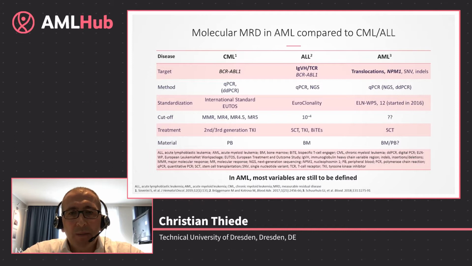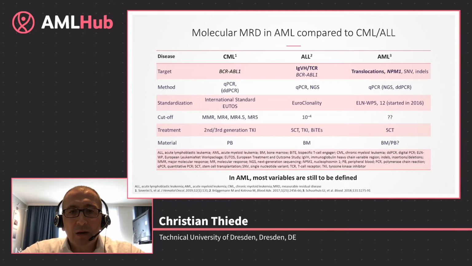We have a plethora of different targets in AML for molecular techniques. We have methods which are still discussed, and I will come to that in a minute. Standardization is lacking. We are on the way to do this, but we are far away from being successful so far. And that also brings up the idea that we don't have well-established cutoffs. We have to work on that.